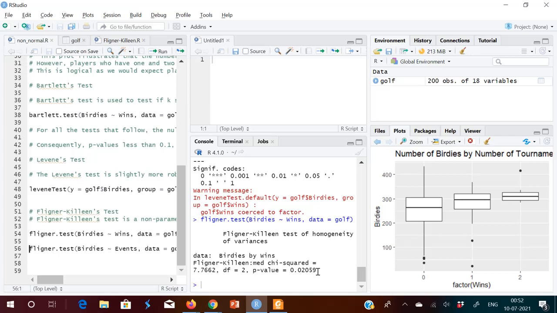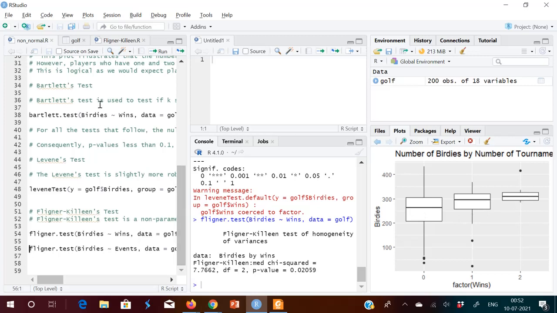I hope you understood. So here also, from this box plot, there is overlap coming. That is why there is not much difference in the variance. There is overlap.